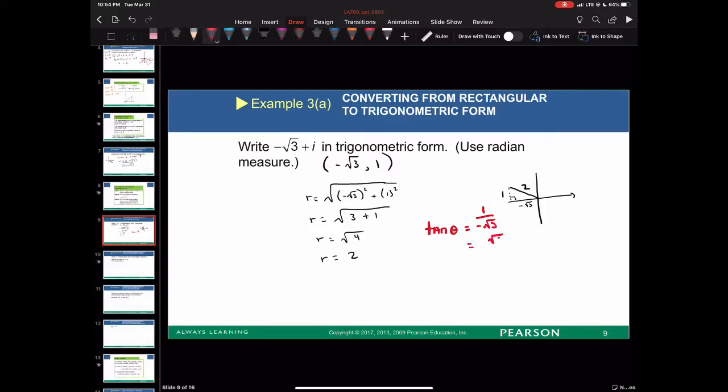The square root of 3 over 3, which is negative. So theta is equal to the tan inverse of negative square root of 3 over 3.